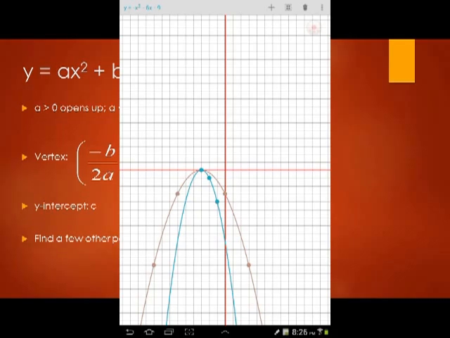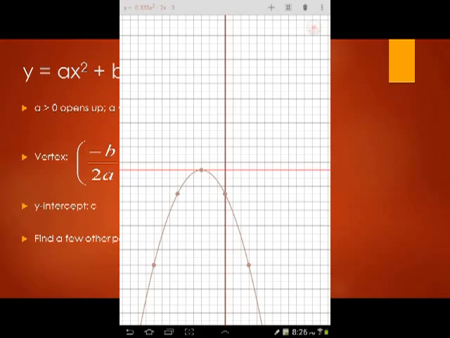Anyway, so there's that. The only other thing is, notice how, depending which way the parabola goes, the maximum y value, or the minimum y value is always at the vertex. Like these two parabolas we have here. This is the maximum y value.